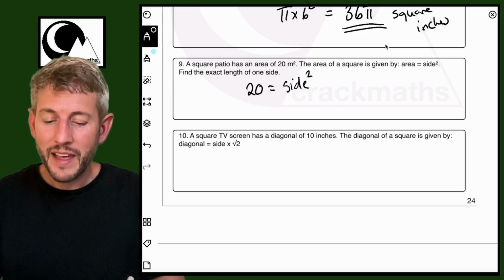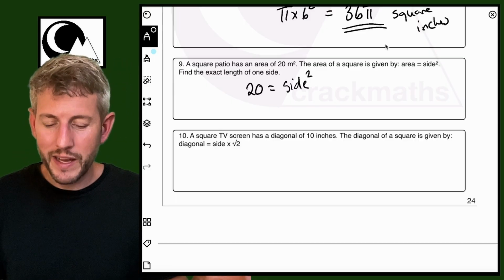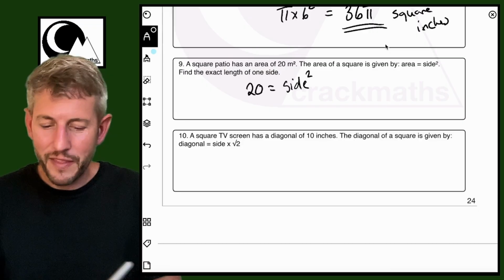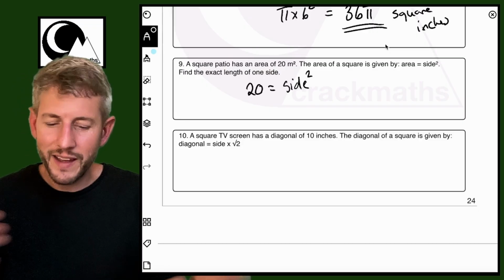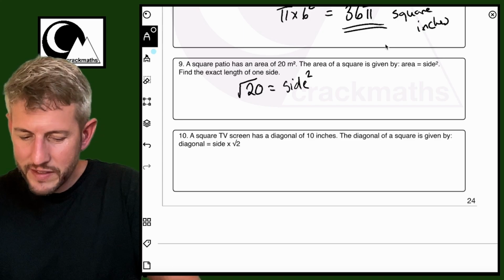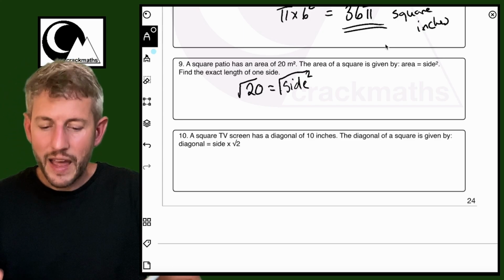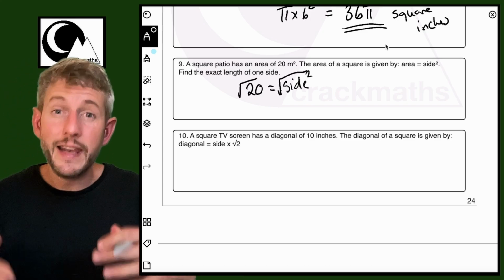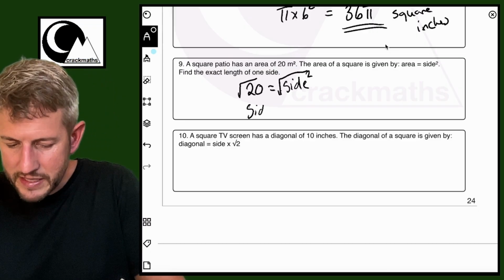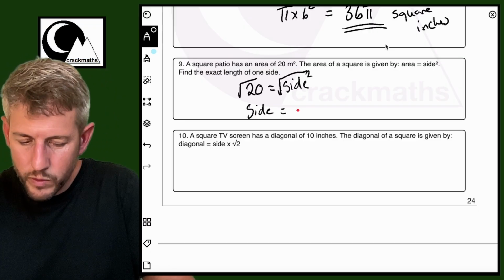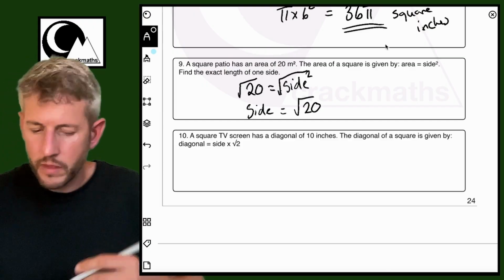If we want to undo the squared, we take the square root of both sides, and the square root of the side eliminates the squared. So the side will just be equal to root 20.